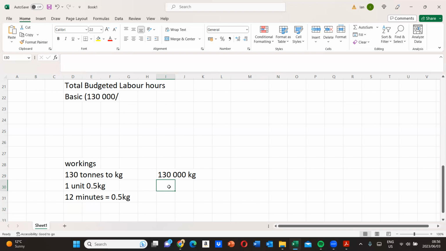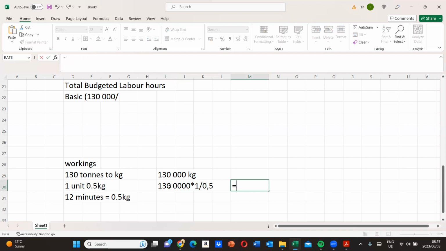So you could just take 130,000 kgs and multiply it by 1 over 0.5. It will give you the total number of units that you actually produced. In this case, you have 130 divided by 0.5, which gives us 260 units.